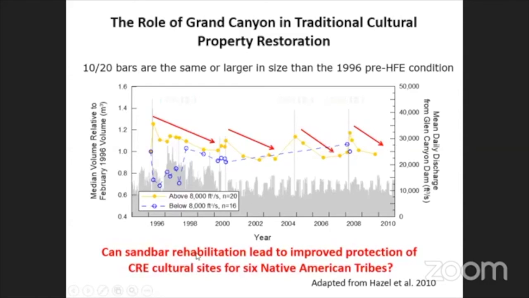So sandbar rehabilitation to improve protection of Colorado River ecosystem cultural sites is important for the Native American tribes that have affinity and association with the Colorado River corridor, and has been a topic of ongoing research and discussion. There are not too many sites where that can actually work because the wind direction has to be correct for the sand transport, but there are places where this can work, and so that could be important.